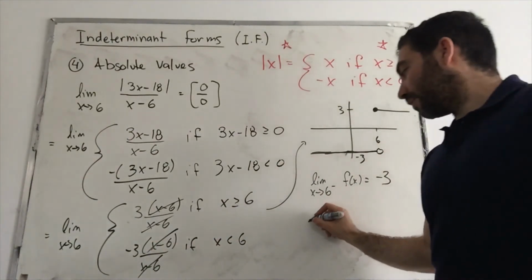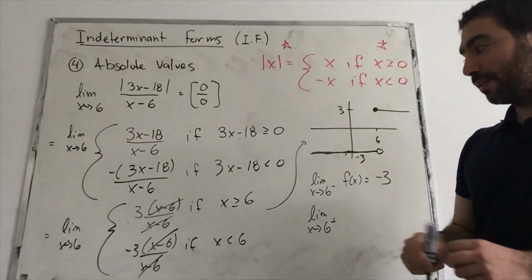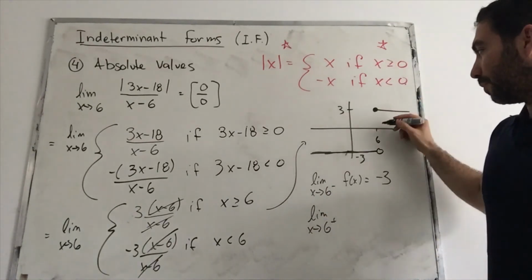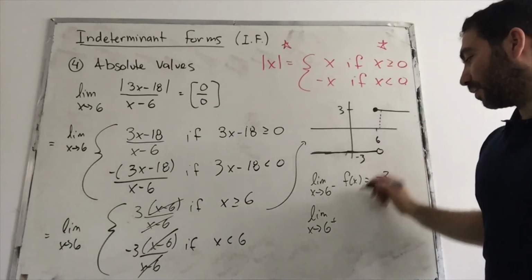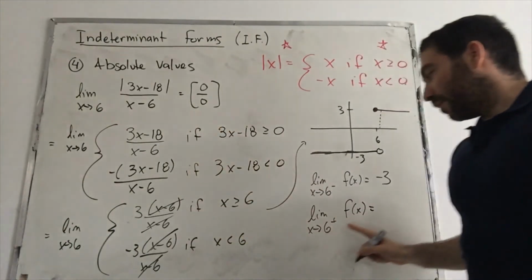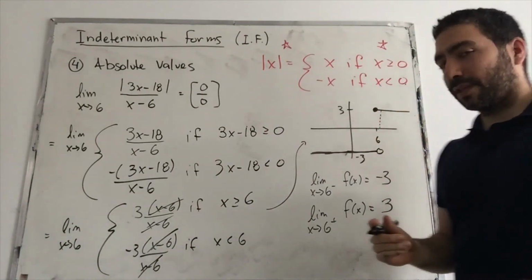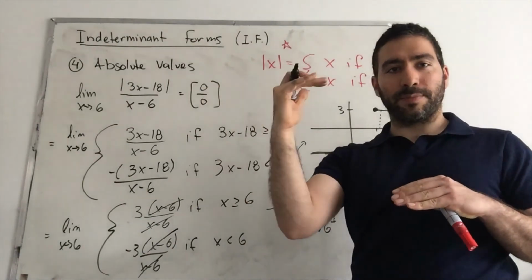Yet when we take the limit as x approaches 6 from the positive side, so a bit to the right of 6 of this function here, the value of the limit is +3. So the left limit is -3, the right limit is +3.